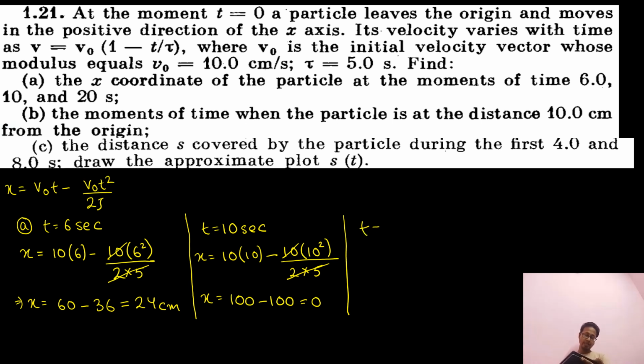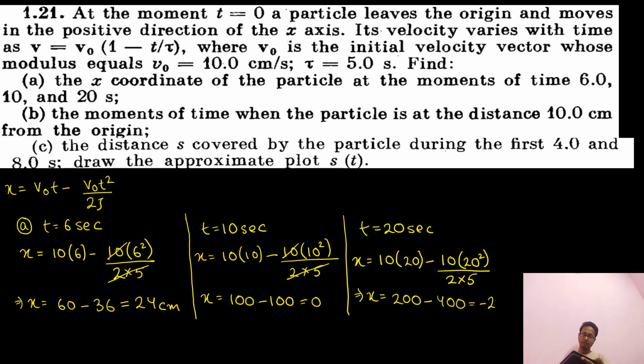At t is equal to 20 seconds, x is equal to 10 into 20 minus 10 into 20 square divided by 2 into 5. Our value of x is equal to 200 minus 20 square, which is 400, which is equal to minus 200 centimeter.